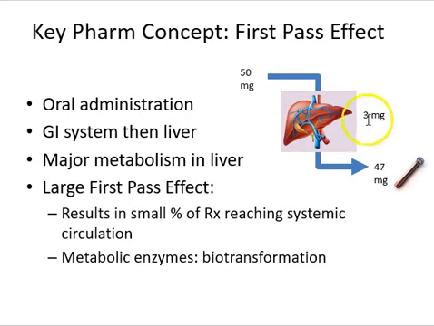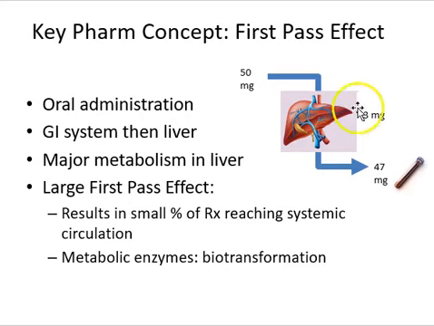This 3 milligram loss of drug is due to metabolism. 3 milligrams of this drug gets converted into something else that either gets excreted, gets changed into another metabolite that doesn't have biological activity, gets converted to another metabolite that has extreme biological activity, and it can be a poison or a toxin, or could be just biotransformed and eliminated as a byproduct.